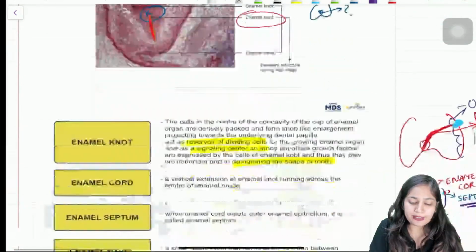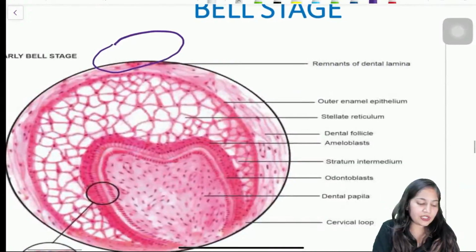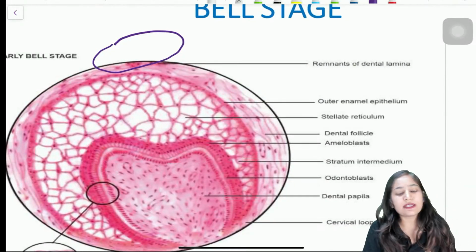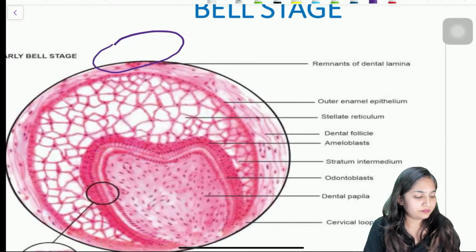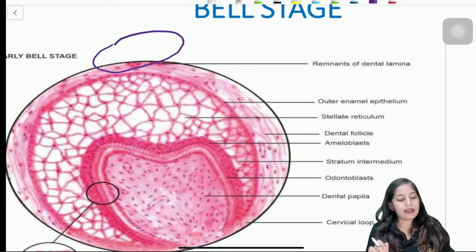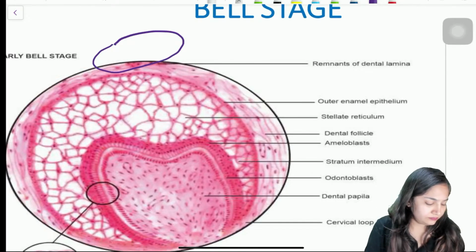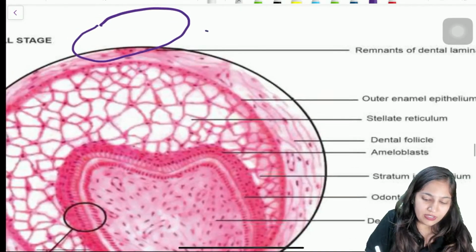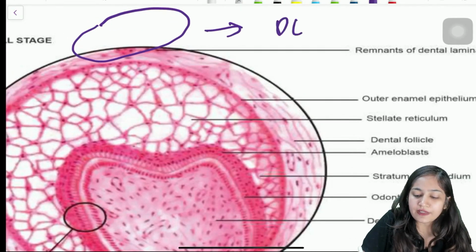So what is missing here in this diagram? Can anyone appreciate what is missing here? Here there is disintegration of dental lamina.